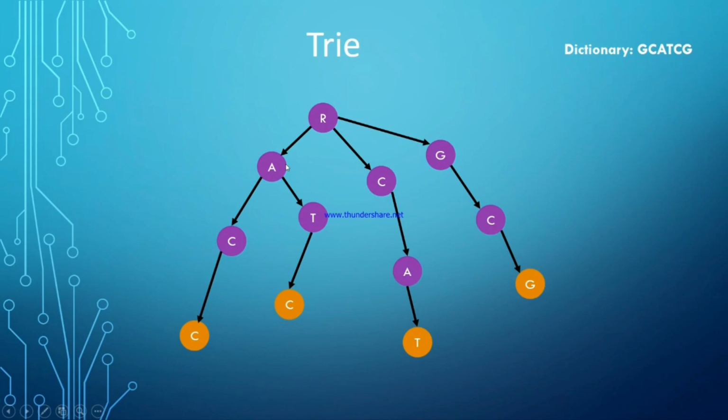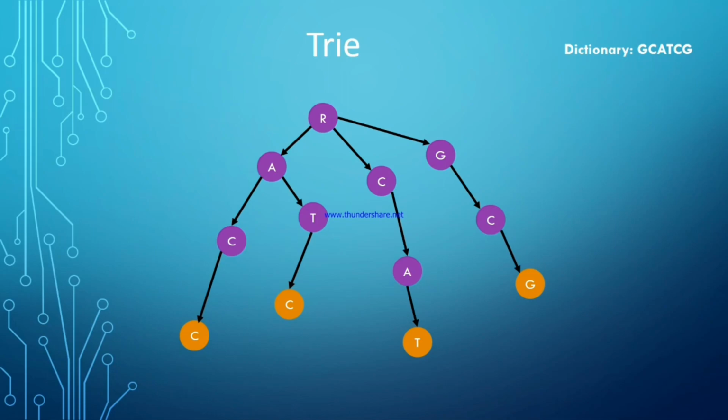This is our tree which I built in the previous slide, and this is our dictionary. What will we do? We will check, can this tree find these dictionary elements? The first dictionary element is G. Root will search, is there any G?